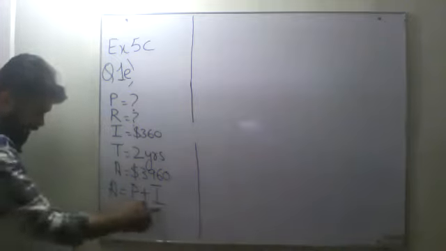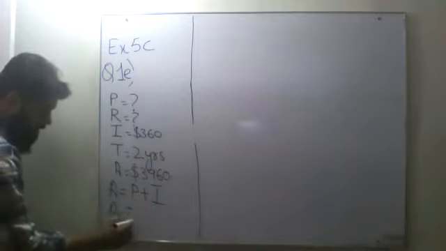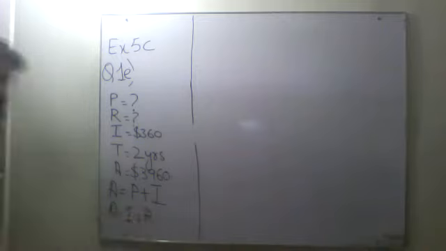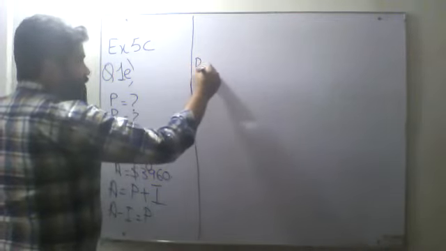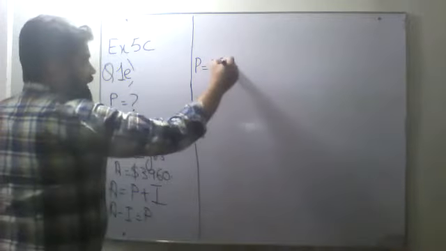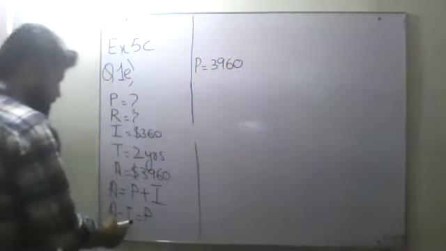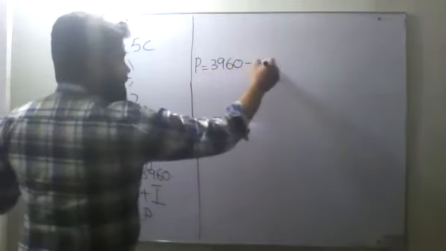Shifting I over here, A minus I equals P. So when I simplify it, P equals, the value of A is given, 3960, minus the value of I, given as 360.